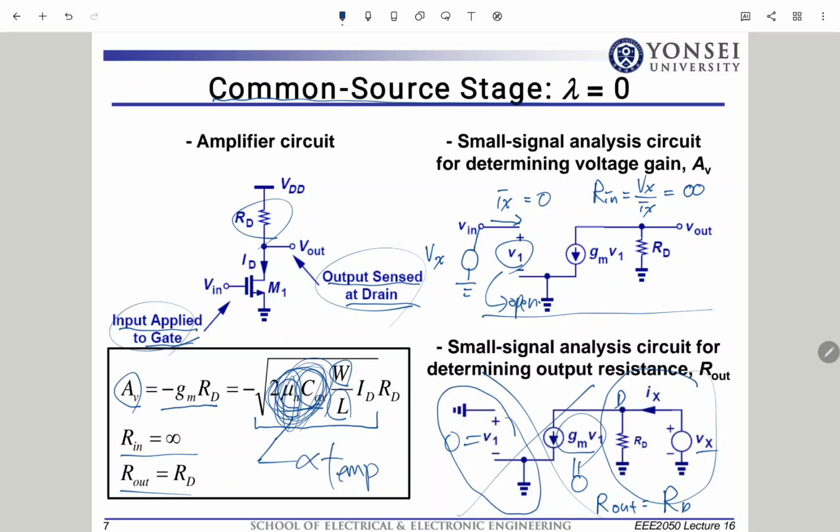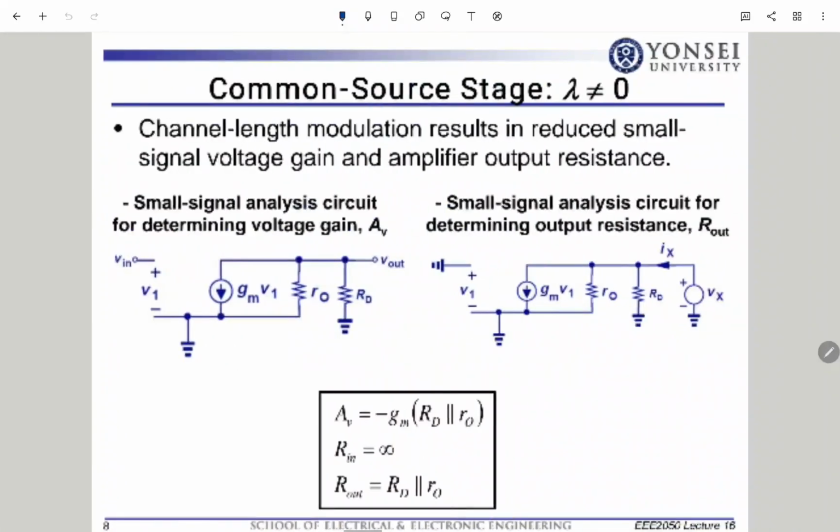Alright, now let us talk about the common source stage with channel length modulation. In that case, we have a lambda which is not equal to 0. Here I'm showing you ID versus VDS, and the lambda is non-zero in this case. With respect to VDS, there is a slight increment of current.